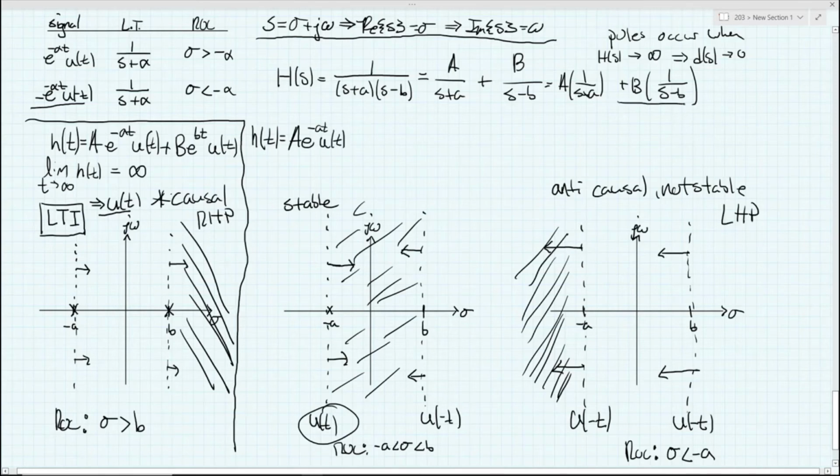And let's take a look at this real quick. So this is b times 1 over s plus a negative b, correct? So negative b is our alpha that's up here. And we see that the only thing that changes is really this minus sign there. So instead of writing this plus sign here, we'll just write our minus sign.